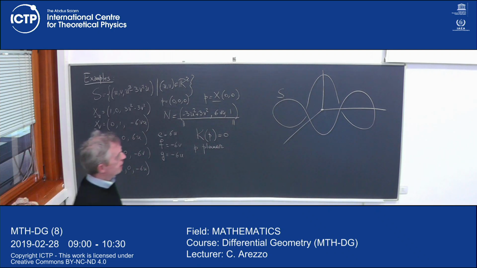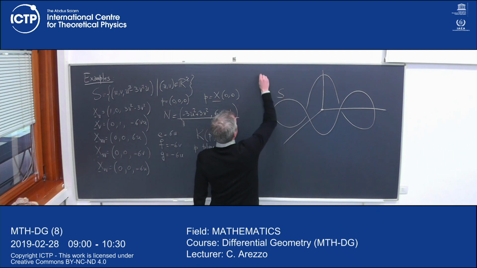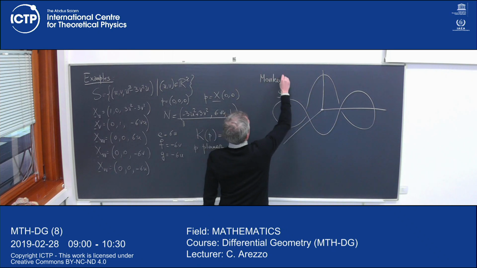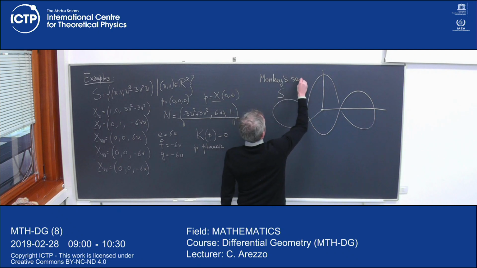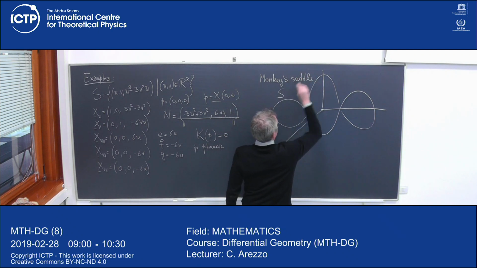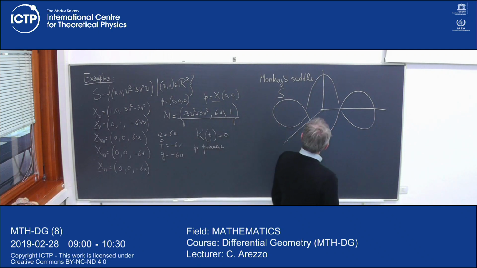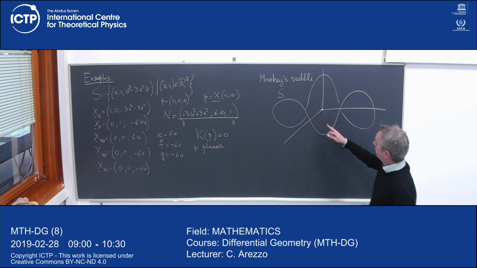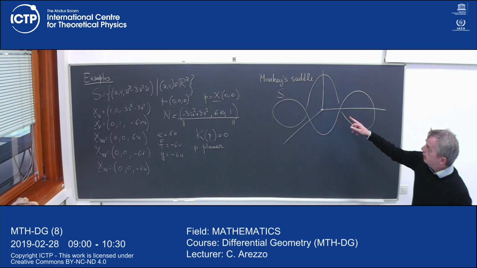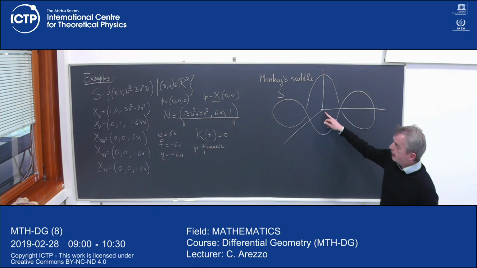Now this is a famous surface for various reasons, and Hilbert actually gave it a name. It's the monkey saddle, because of course you have space for two legs and the tail. Now I pick the tangent space.